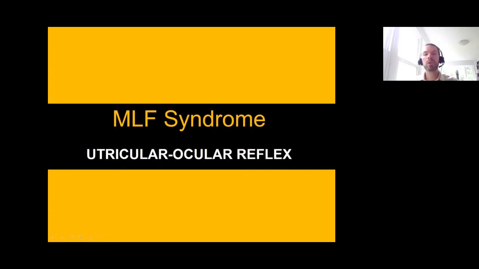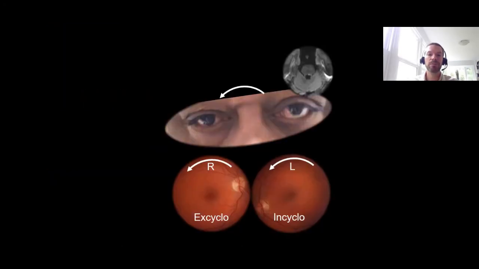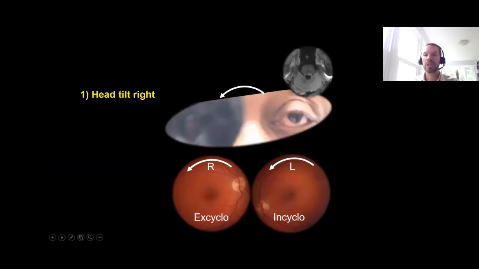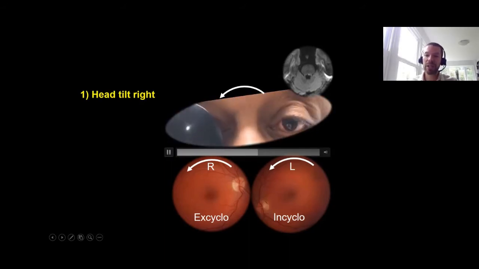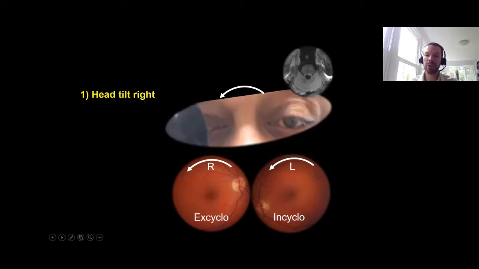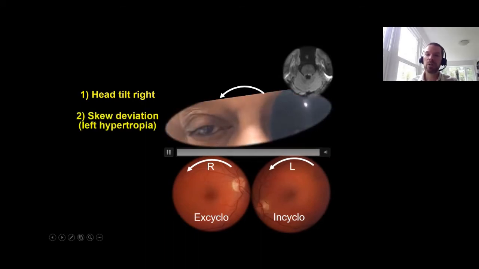Okay, so what about the utricle-ocular pathway? We talked about what happens in the lateral medulla. In this situation, we are now above the decussation. This same patient, who has a left INO, also has a left hypertropia and a rightward head tilt.